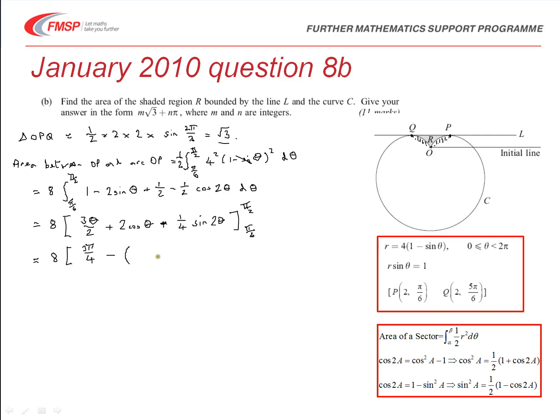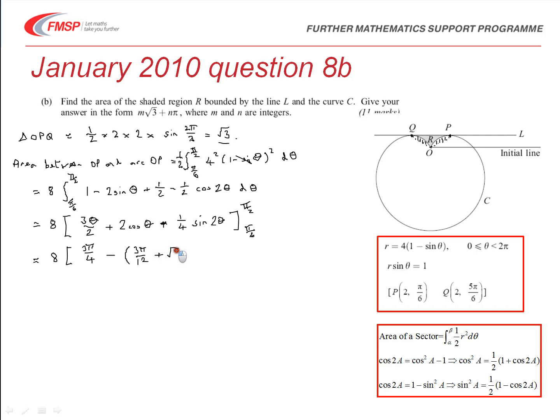So that's going to become 3 pi over 12. Cosine of pi by 6 is root 3 over 2, so times the 2, that will give us plus root 3.